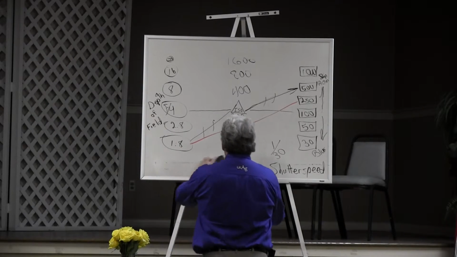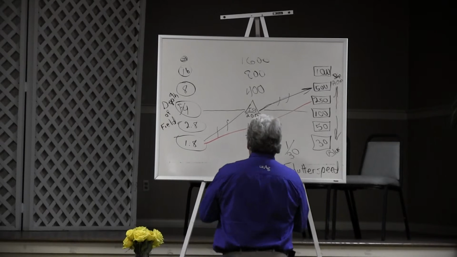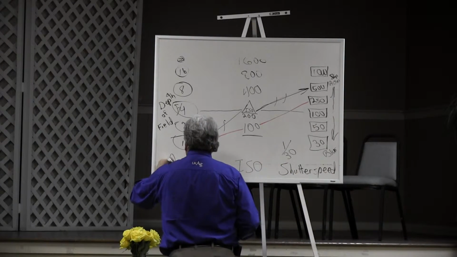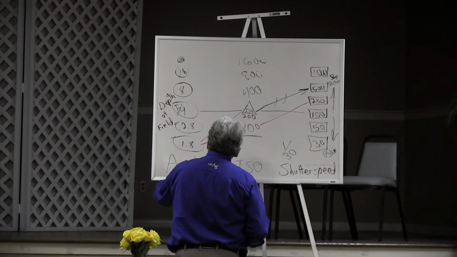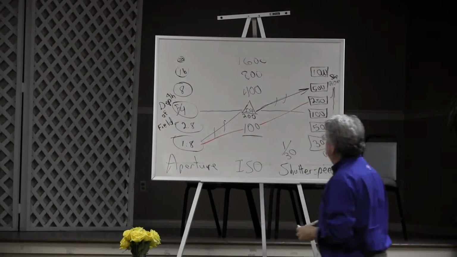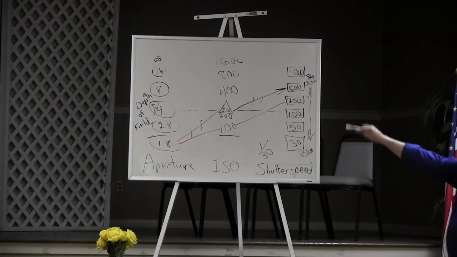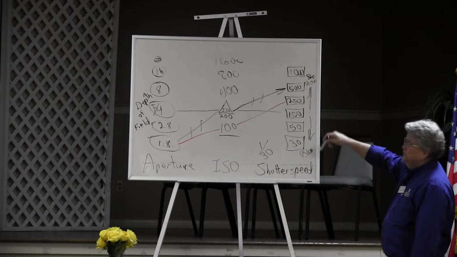My bad. Yeah, this is ISO over here. This is aperture. So aperture, depth of field, shutter speed, action or blur.